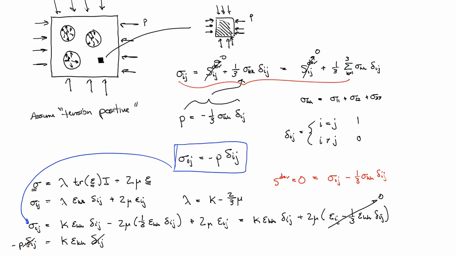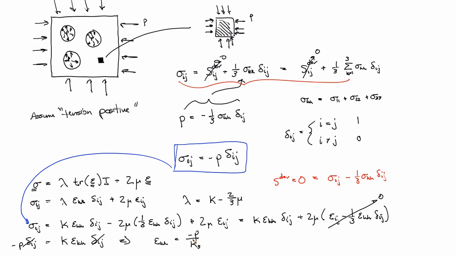The delta ij's cancel, and ultimately, if I solve that, I have sigma kk is equal to minus P over K. And I'm going to write a little subscript S on my K, because this is the bulk modulus of the solid material, right?